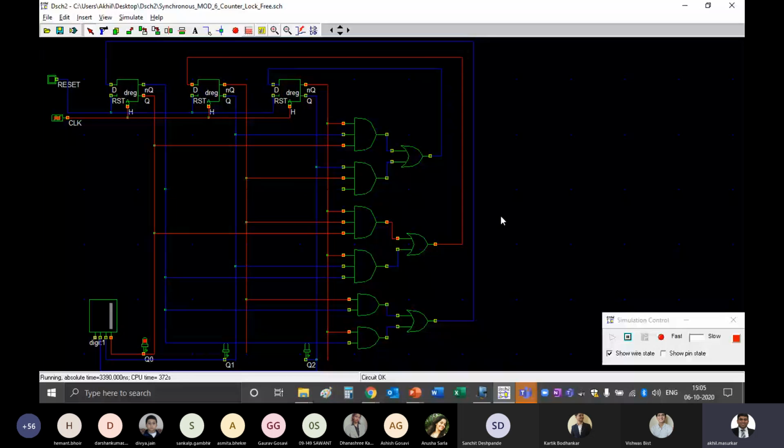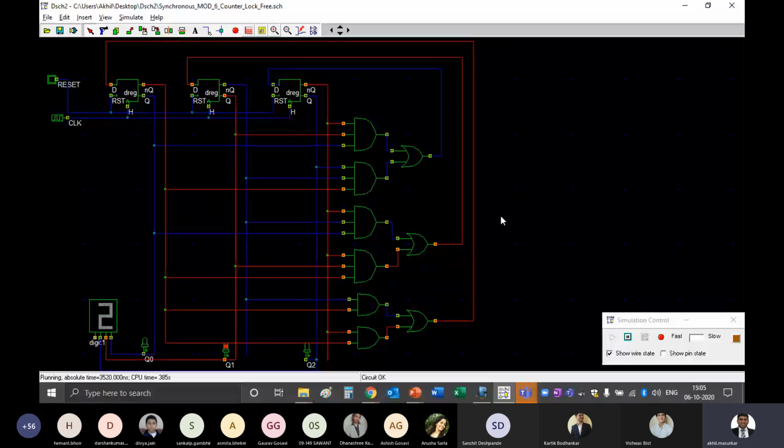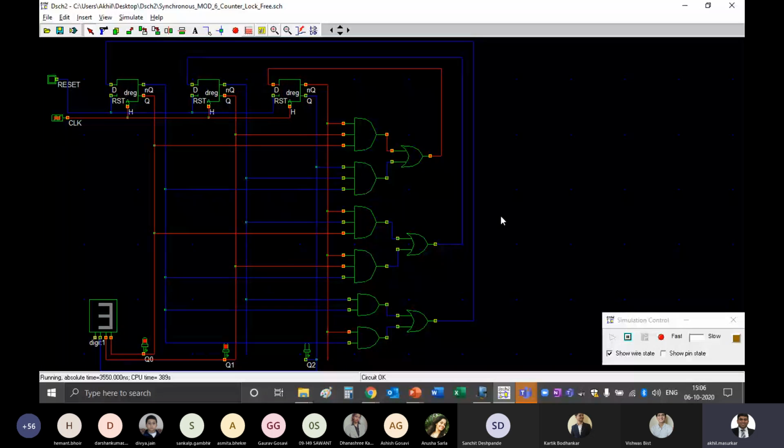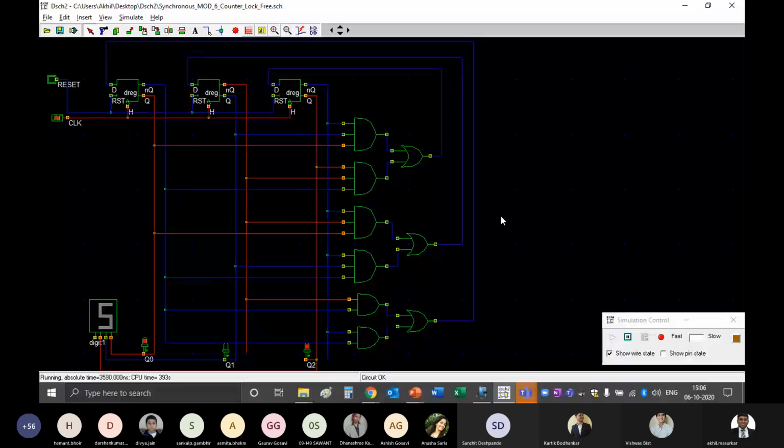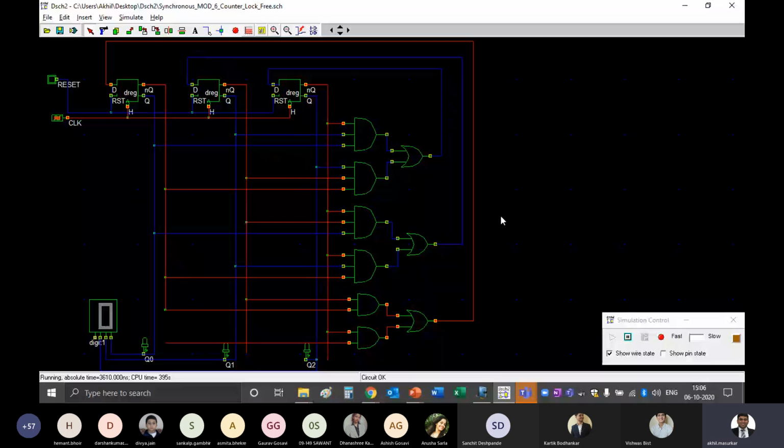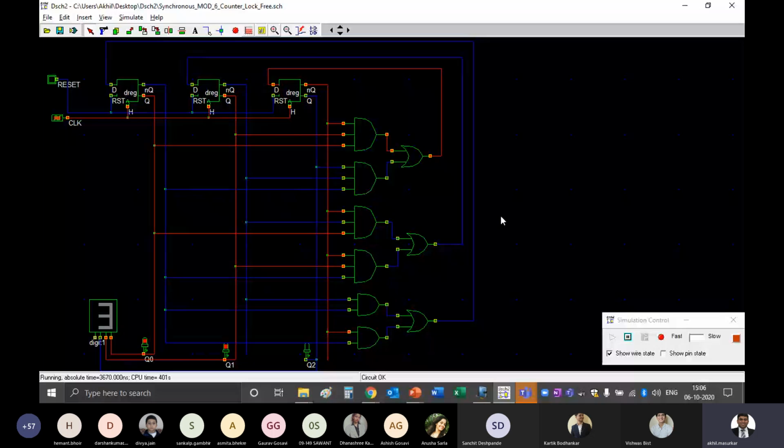The flip-flop part of it you can do very fast, but while implementing the AND gates you can see on the screen, sometimes we make mistakes in connecting the inputs to the Q0, Q1 and Q2 terminals. So be very careful there. And if anybody has a doubt, you can unmute and ask.